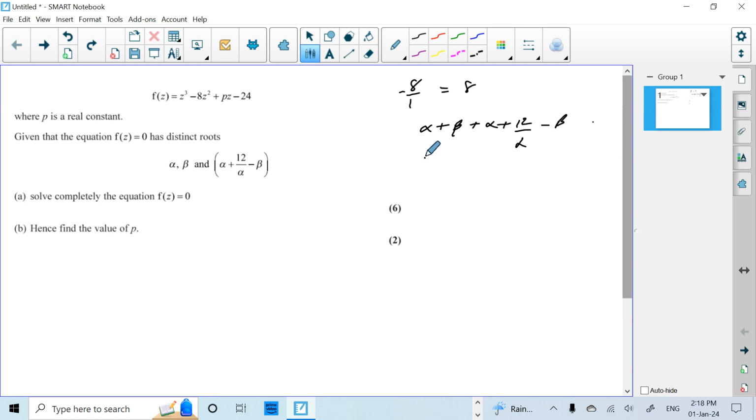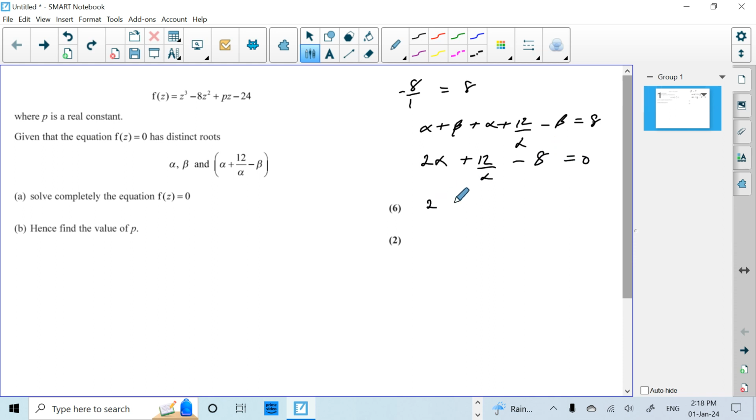I get 2 alpha, the betas cancel, and then I've got 12 over alpha. Oh, I didn't put that equal to 8. And then, of course, minus 8, and that's equal to 0.